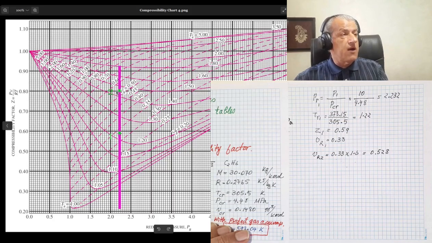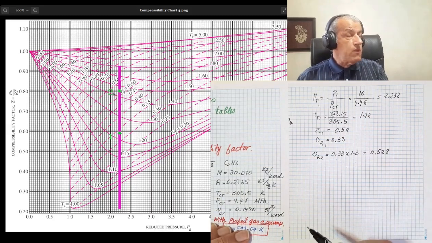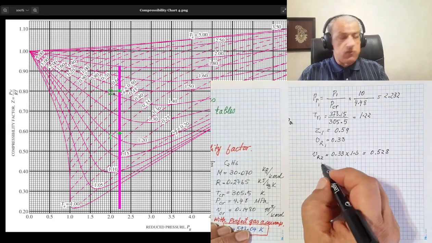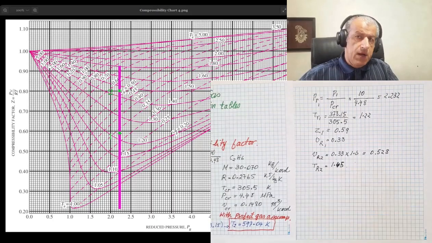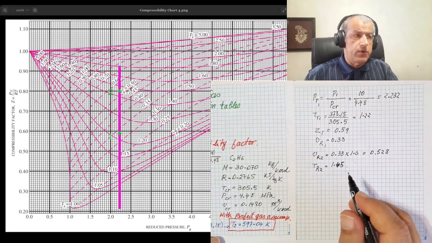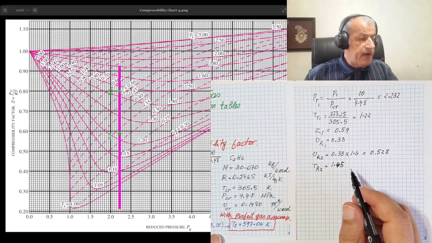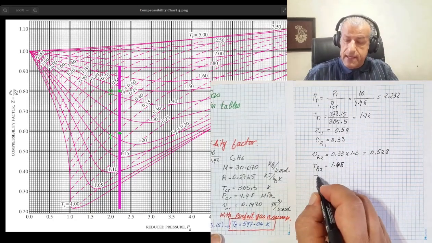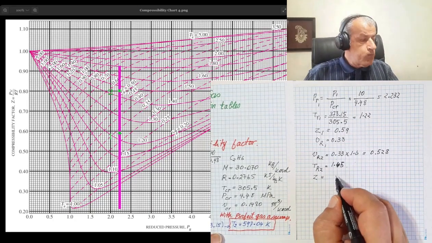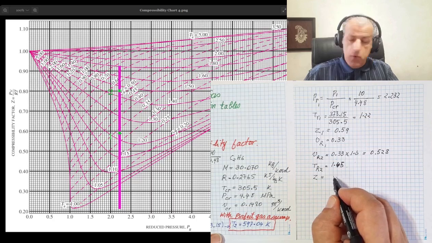And if we read these values from this chart, we would learn that TR2 equals 1.45 and Z equals 0.8.